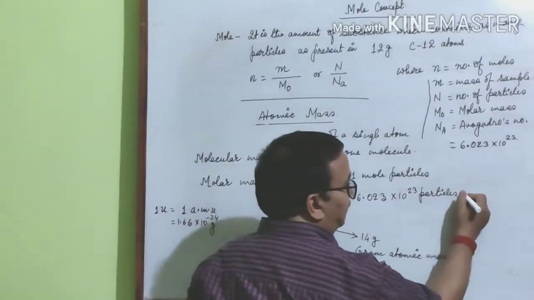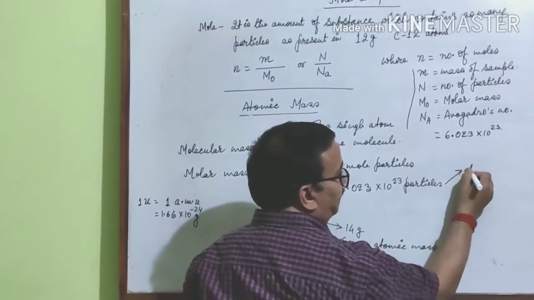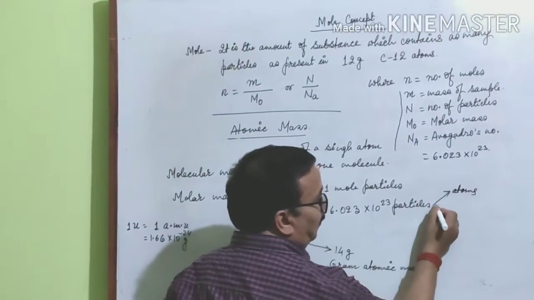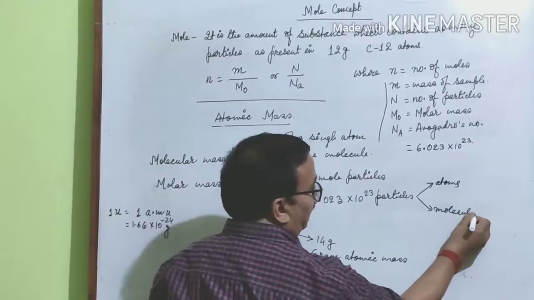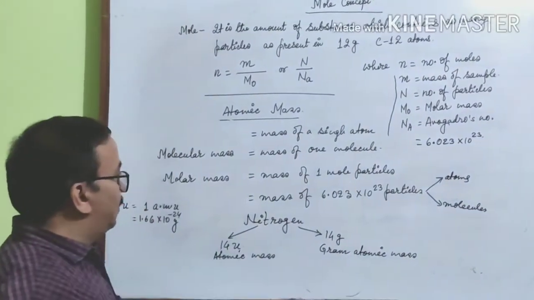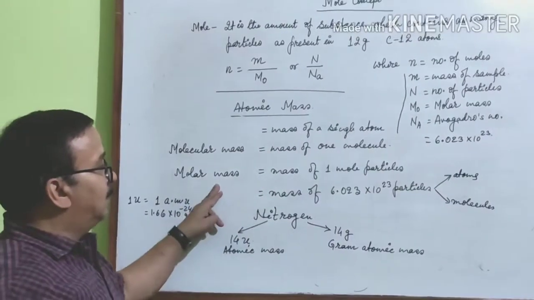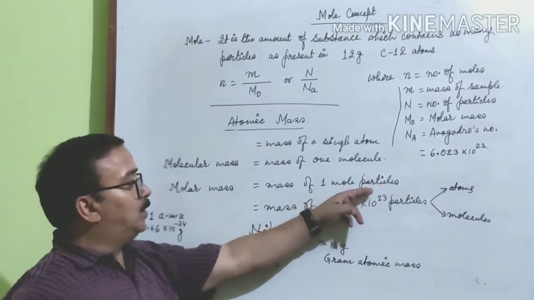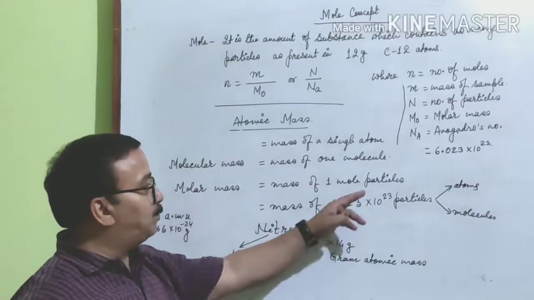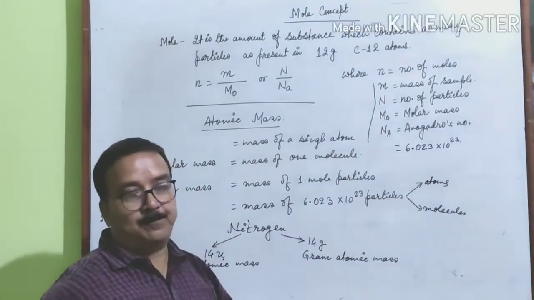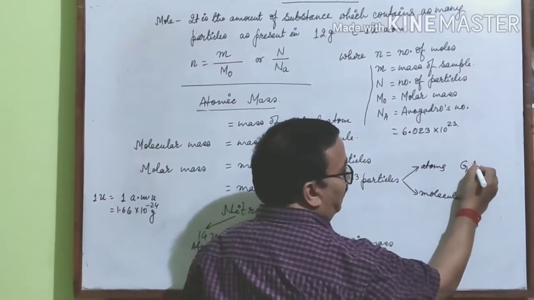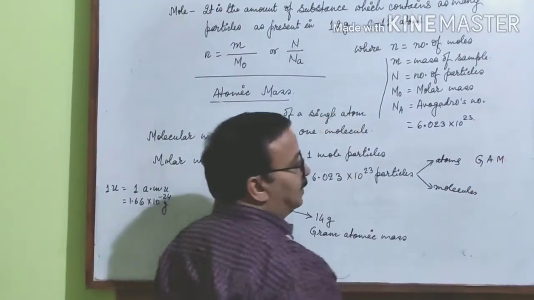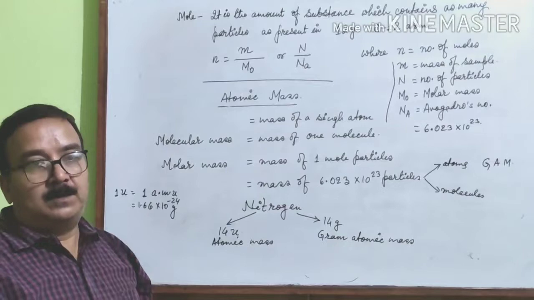Now the particles may be atoms, or they may be molecules. So molar mass is the mass of 1 mole of particles. If the particles are atoms, then it is also known as gram atomic mass, denoted by GAM.